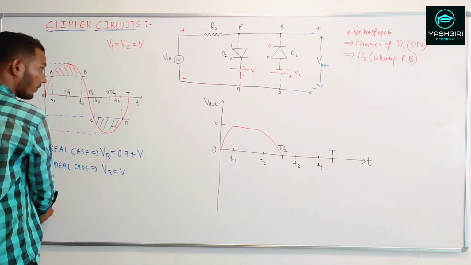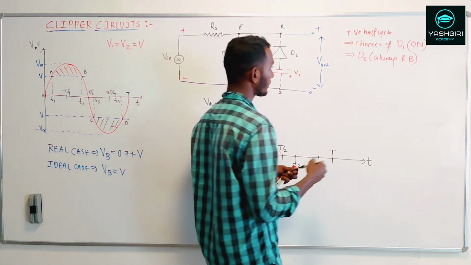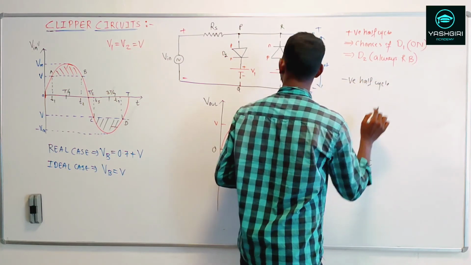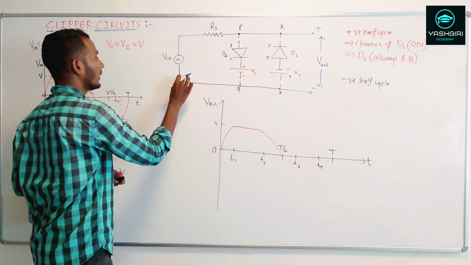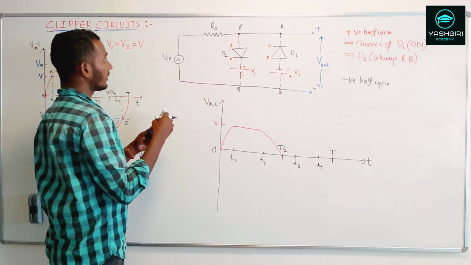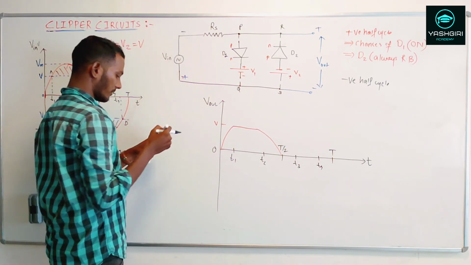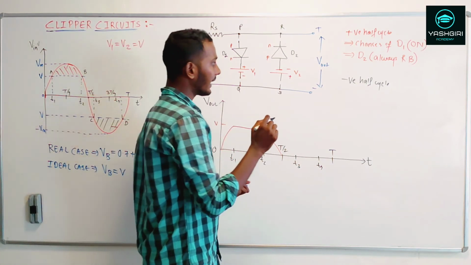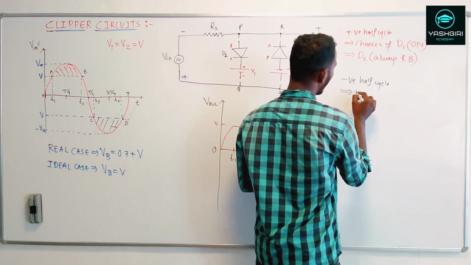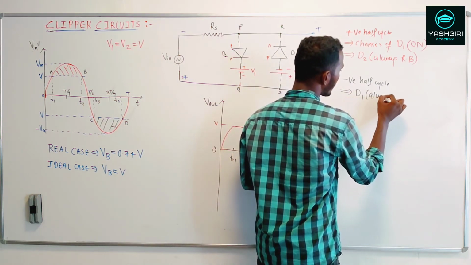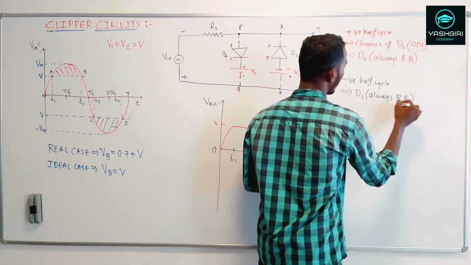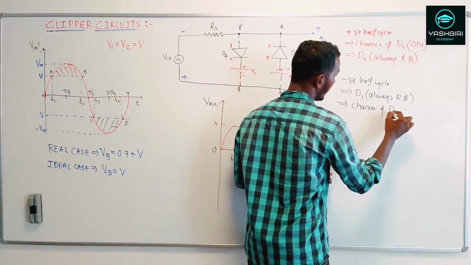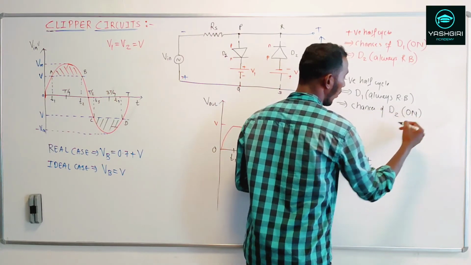Now for the negative half cycle, when the polarity gets changed, let me change the polarity. Here that's a negative and this is a positive. Now if you see, this negative is connected to the P, that means this time the diode D1 will always be in reverse bias mode, whereas there are some chances of D2 conducting, that is, in an on state.